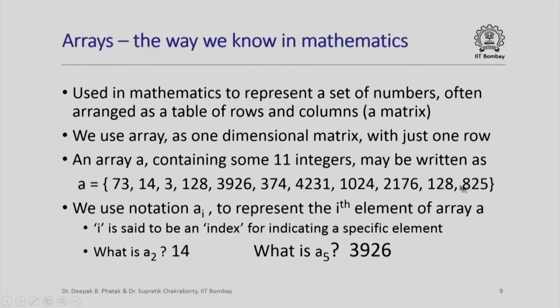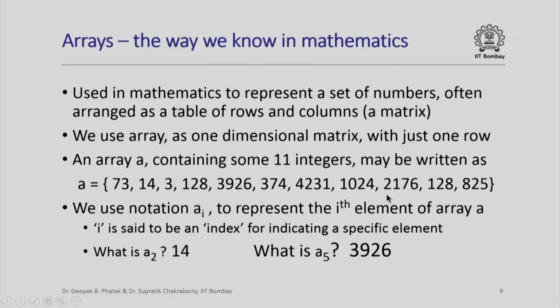Mathematically, we immediately understand that A is an array. We often use the notation A subscript i to represent the ith element of array A. Here i is said to be an index because it indicates a specific element of the array A. So for example, A2 represents the second element, which is 14, A5 represents the fifth element, which is 3, 9, 2, 6, and this is how we can refer to individual elements.